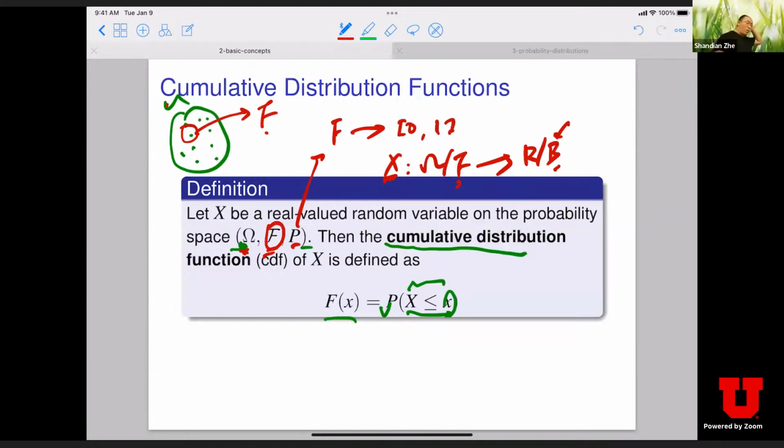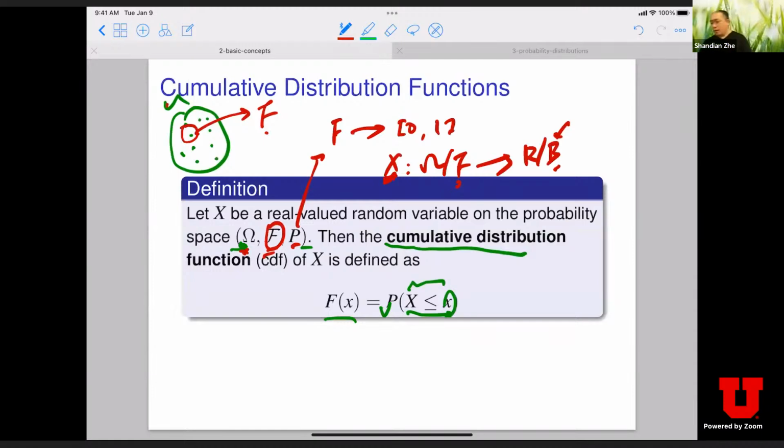And why do people want to construct a random variable mapping? If I want to research the chance or the relationship between different types of events, I could just look at the range that the random variable values can take.